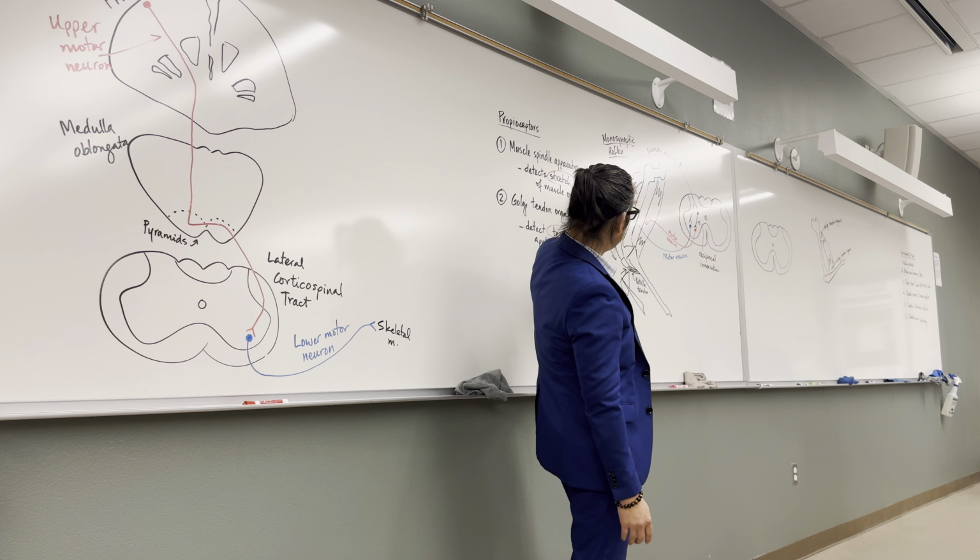So the lateral corticospinal tract, which relays information about motor activities to stimulate the lower motor neurons so that it can stimulate your skeletal muscle, is responsible for 80% of all the motor pathways in your body. The other 10 to 20% basically follows what we call the anterior corticospinal tract, which you guys don't really need to know. So know the majority, which is that one. Any questions? All right, that takes care of that.